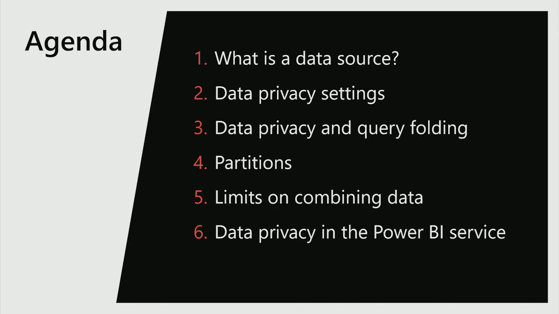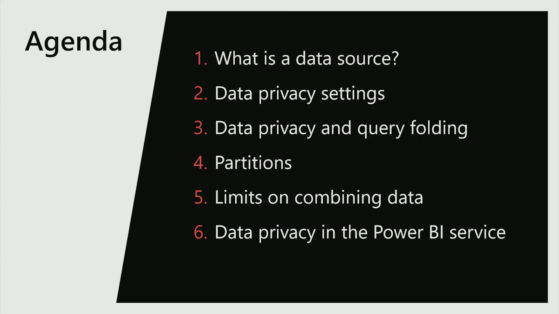Okay, what are we going to be covering today? We are going to build up from absolute first principles everything to do with data privacy. The data privacy settings are in Power Query and Power BI to control how data flows from one data source to another and potentially stop that happening. So we will talk about what data sources are and how you identify them. We will talk about the data privacy settings that can be associated with a data source.